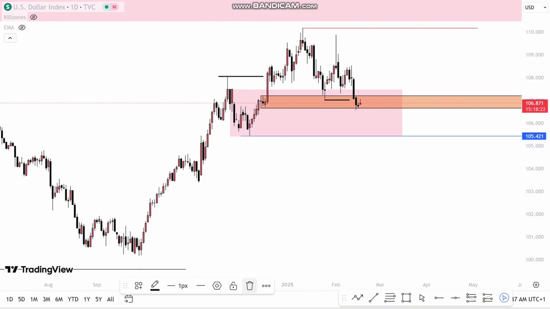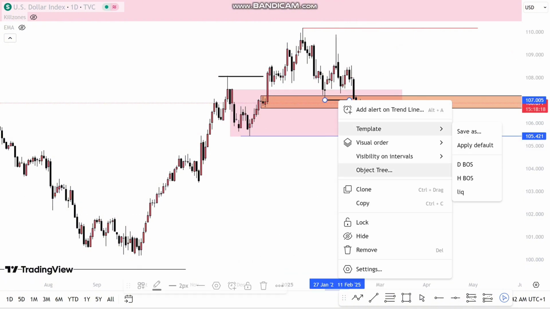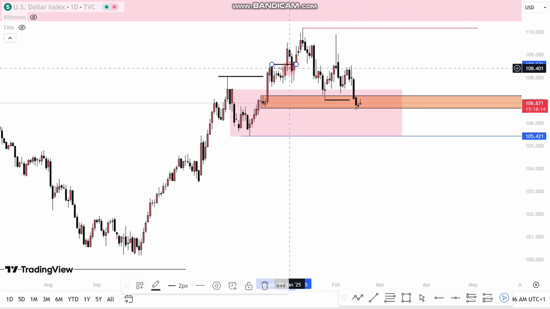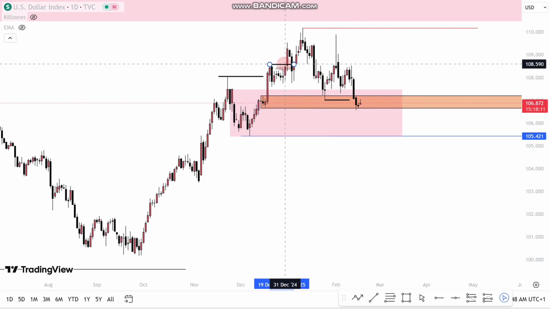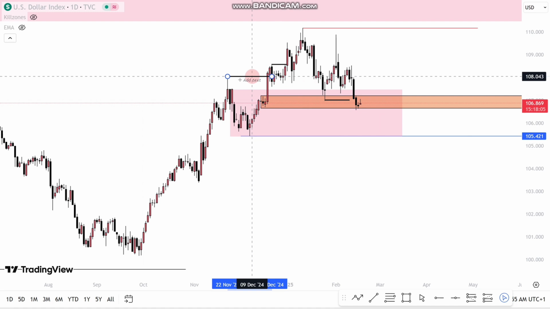So right here now, you guys know what I'm looking at on the DXY. So let's quickly mark out our structures on the DXY. This is a break of structure on the DXY, a BOS, and quickly arrange the DXY break of structure as well.